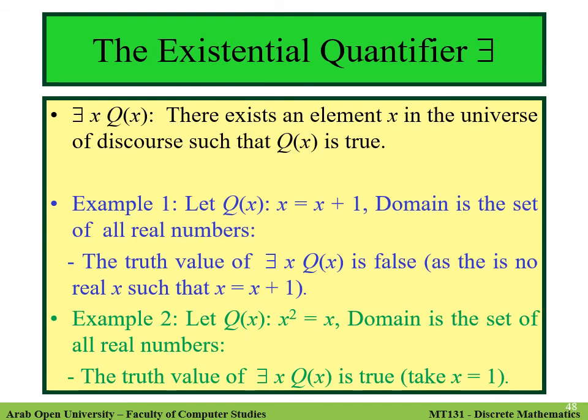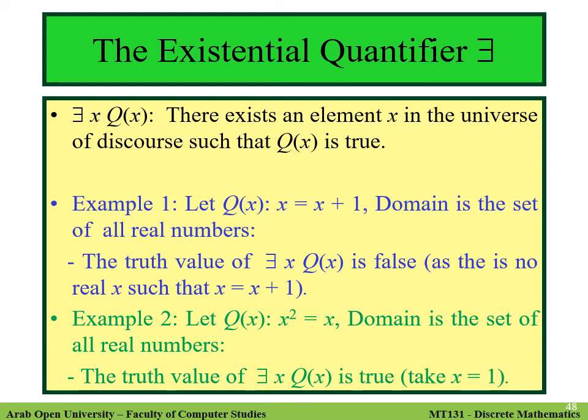Here are some examples of existential quantification. There exists an x such that Q of x means there exists an element x in the domain such that Q of x is true. This statement will be false if you cannot find any element in the domain that makes the statement true. Here is an example.